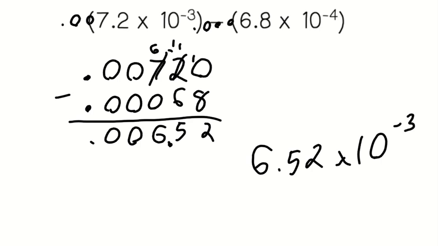Since it's a decimal, that's a negative 3. Not always, but a lot of the time, it's going to have the exponent of the higher number. Negative 3 is higher on a number line than negative 4. Okay? So it's usually going to have the exponent of the higher number.